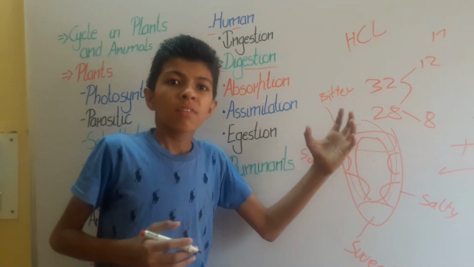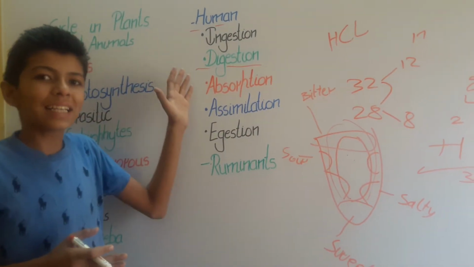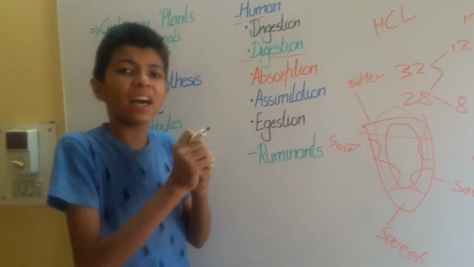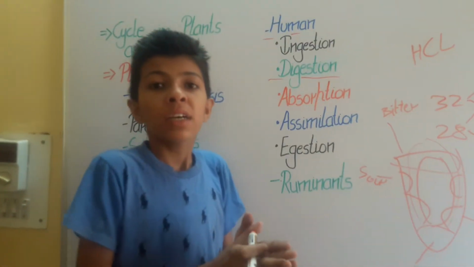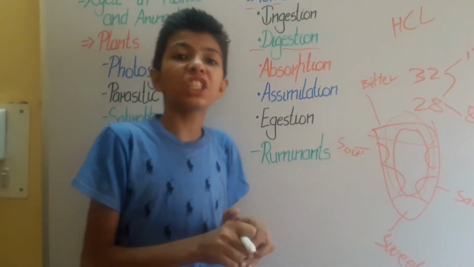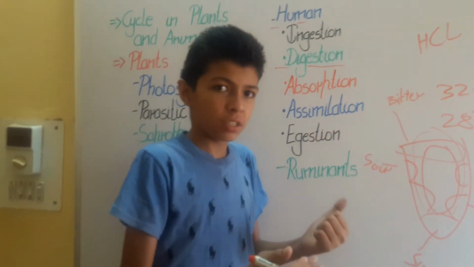The liver does not participate in the digestion but secretes the bile juice, which is stored in the gallbladder, and the pancreas secretes the pancreatic juice, which is important for the digestion of the fats.